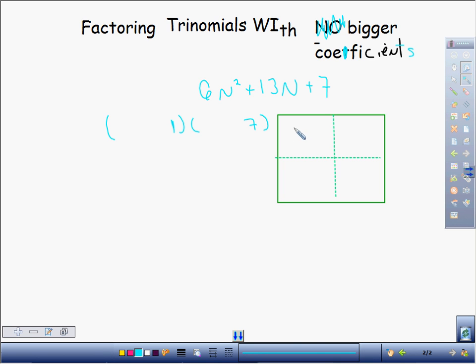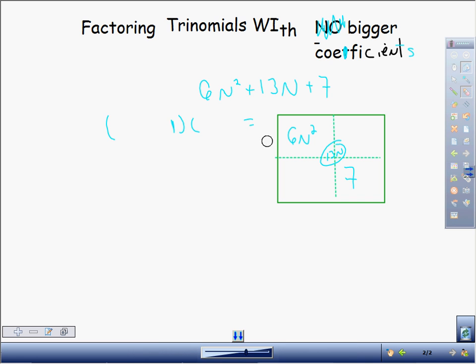So you put the 6n squared in here, and then you put the 7 here, right? And then these two things right here, this plus this, have to add up to 13n, okay? So then you have to figure out what goes here and what goes here, which is not that easy to do, okay?